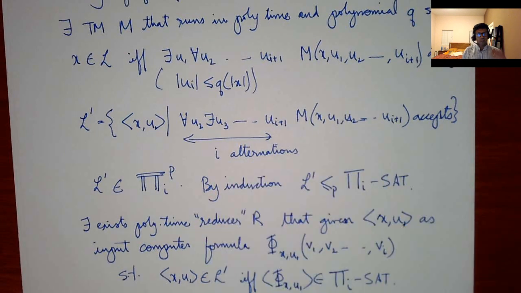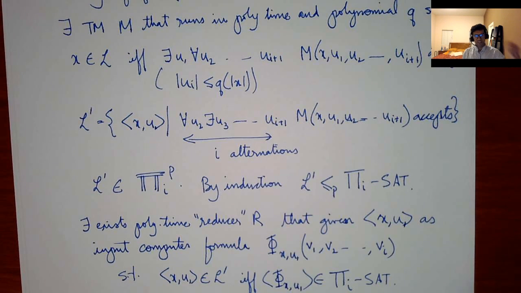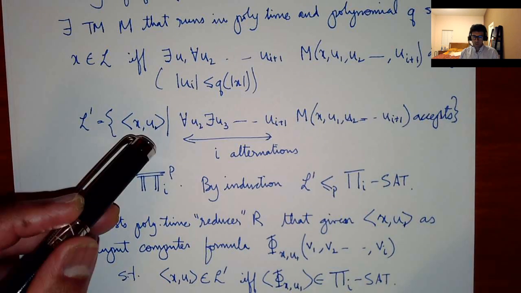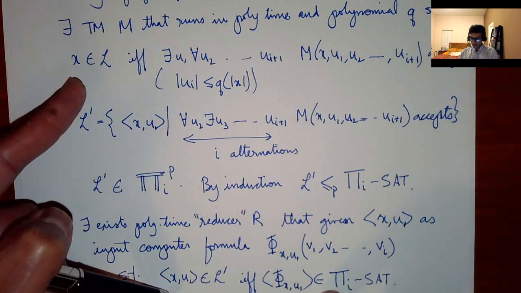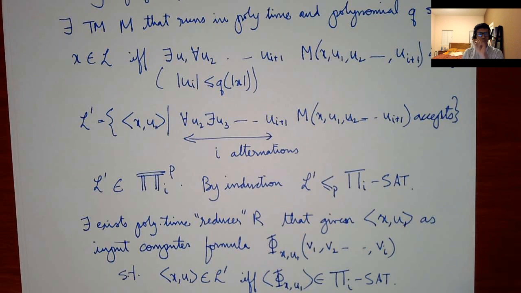If you were to go back to NP, that language would be in P, which is like the 0th version. In general, when you take out the first part, the initial there exists, think of that as a certificate. When you club those together, the language of x with the u1 is in pi I. And by induction, there is a reduction to pi I sat.